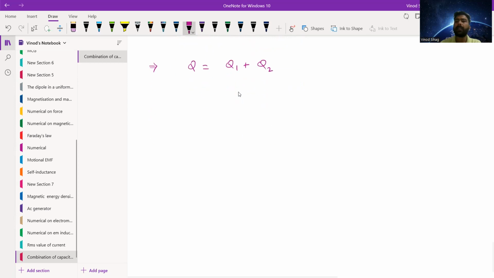Similar to the first case, we are going to use the equations of the capacitor. Q will be equal to C into V, where C is the equivalent capacitance and V is the external voltage V. Let me write C equivalent only, because sometimes you get confused about what C is here.